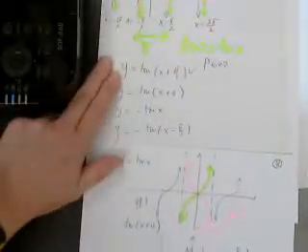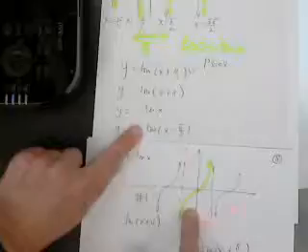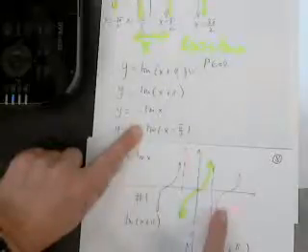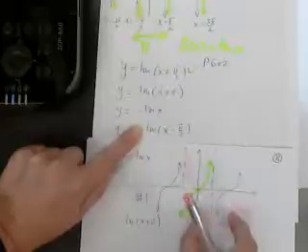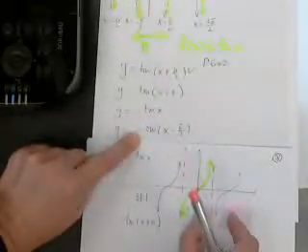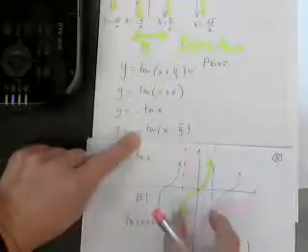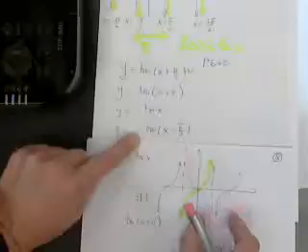Although we know the answer, let's analyze without looking at this. Here we have 2 transformations. First transformation, I have to shift tangent to the right pi over 2. So this will go here and then flip. So it will move from here, and then flip.